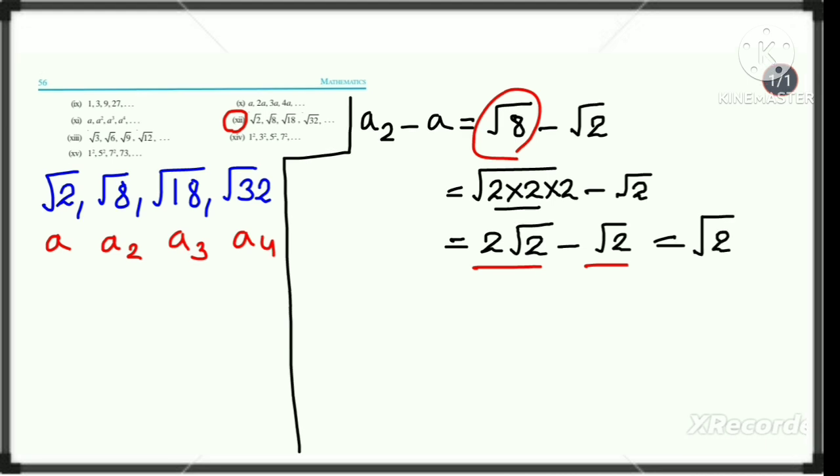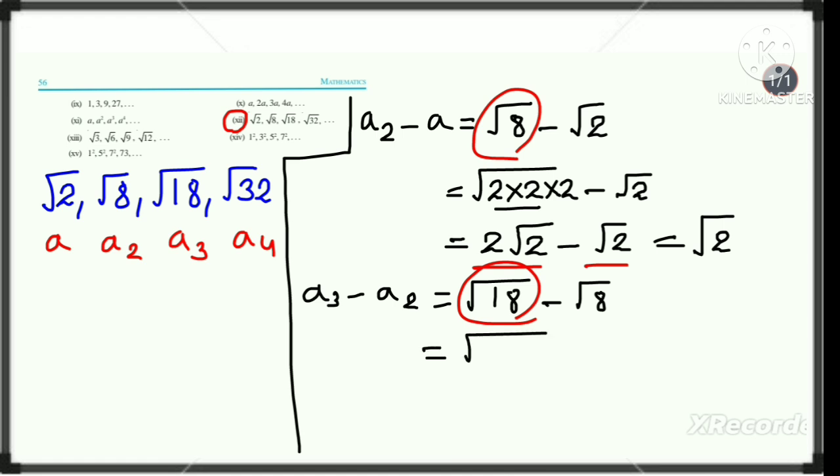Now difference between a3 and a2. a3 equals root over 18 minus a2 equals root over 8. And here this root over 18 can be written as its prime factors, 3 into 3, 9, 9 into 2, 18. And this root over 8 can be written as 2 root over 2, which is obtained from here.